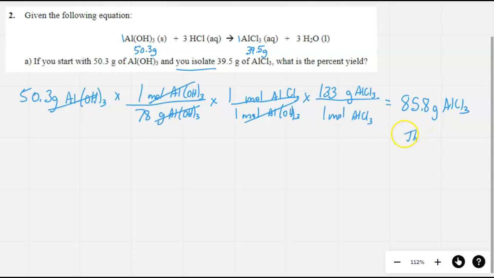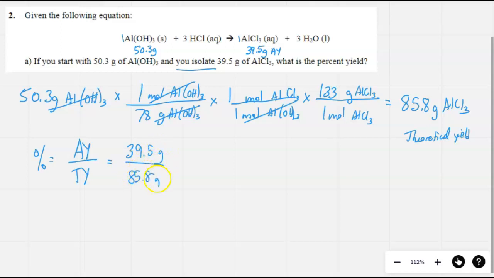Yeah, stoichiometry gives me the theoretical yield. Thank you. Because my percent yield is actual yield, which is up here, over theoretical yield. 39.5 over 85.8.